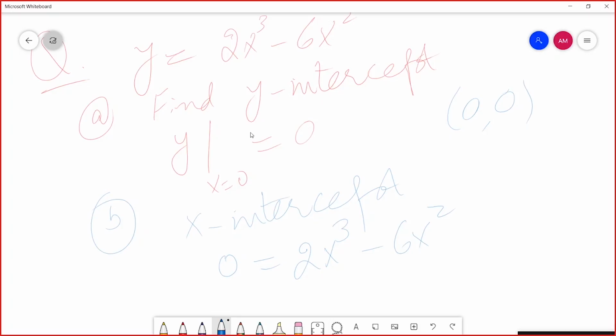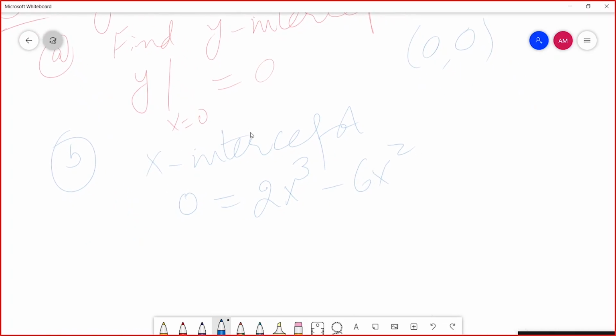Can you guide me how to find the x-intercept? You factorize. Can I take 2x square? Yes, 2x square. So it becomes 2x square times x minus 3 is equal to 0.